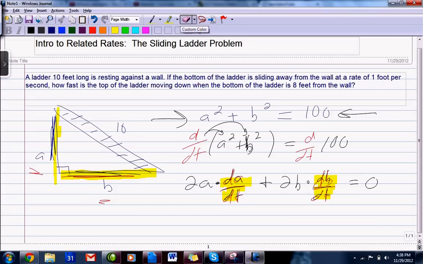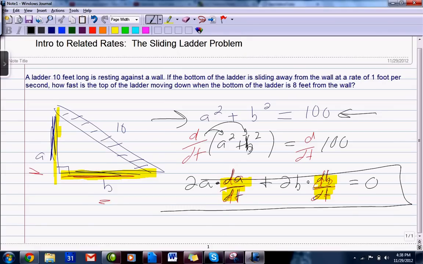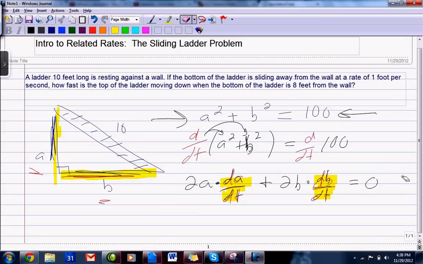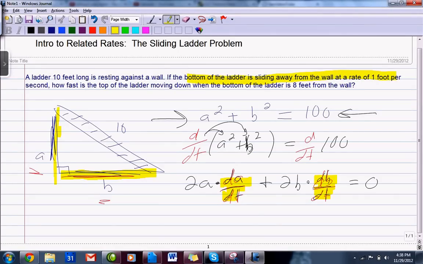So let's get into this and see if we can use this particular related rates equation to solve this problem. Now what I'm going to do is plug numbers in. The problem says we've got a 10-foot ladder. The bottom of the ladder is sliding at a particular rate, 1 foot per second.